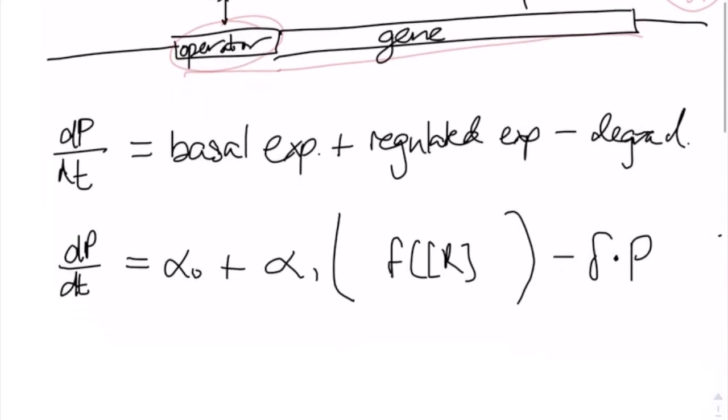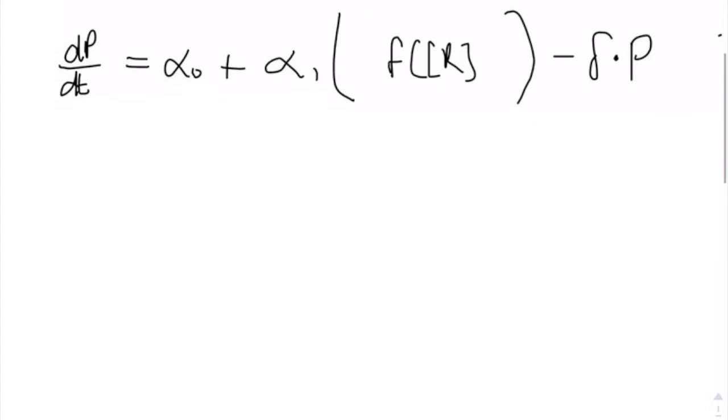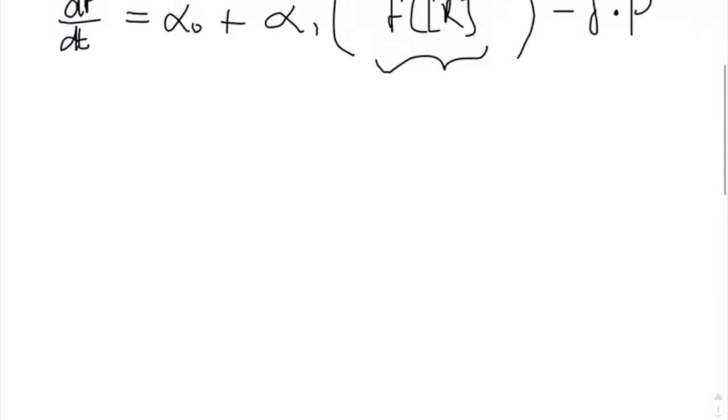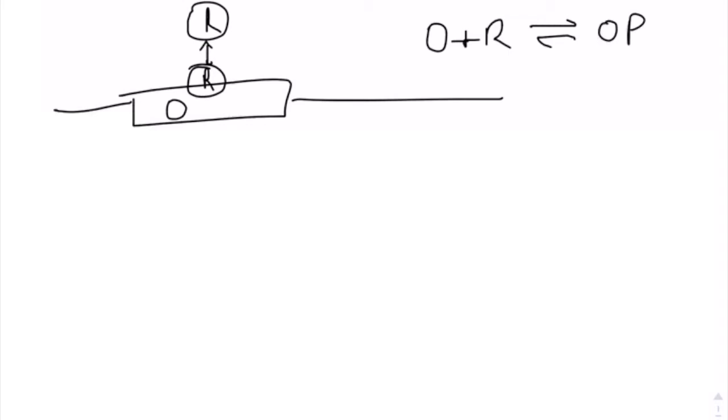Okay, so now that we have accounted for all of the terms here, we've got to figure out what is in this term here. Suppose that we have, I'm just going to draw a close-up again of the operator and some regulator R, which may or may not bind to the operator O. This may be given by the chemical equation O plus R becomes a complex OR.